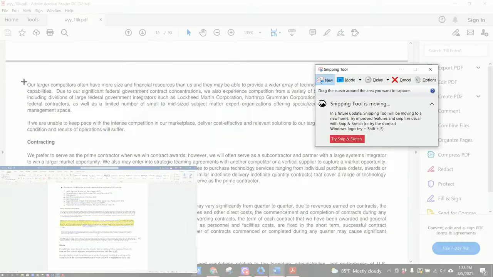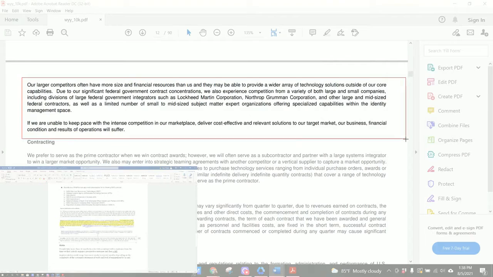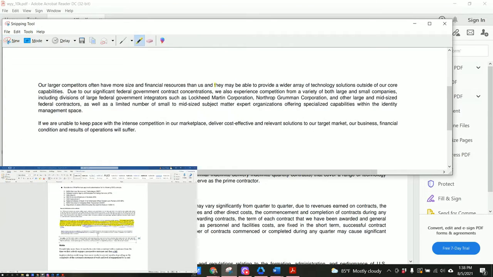Okay, so here are more notes on competitors and companies they work with. Lockheed Martin, Northrop Grumman, two gigantic companies in the federal defense contractor space.